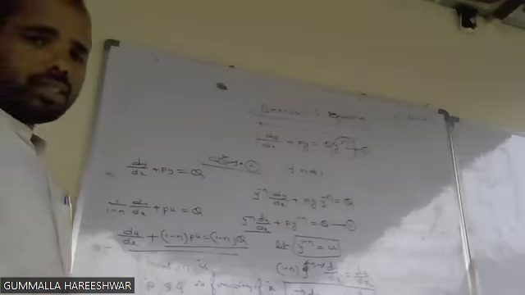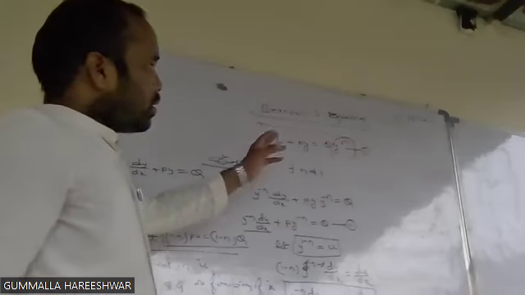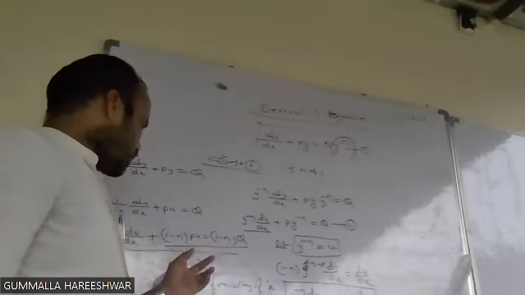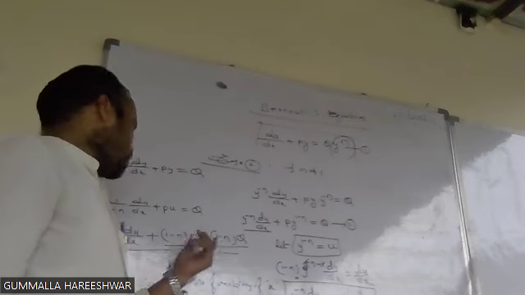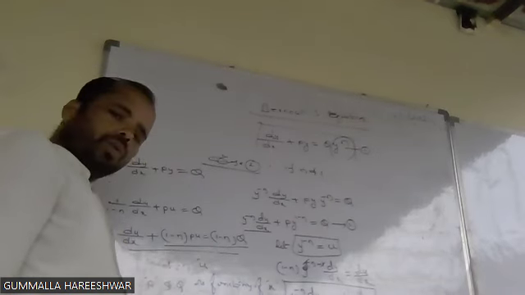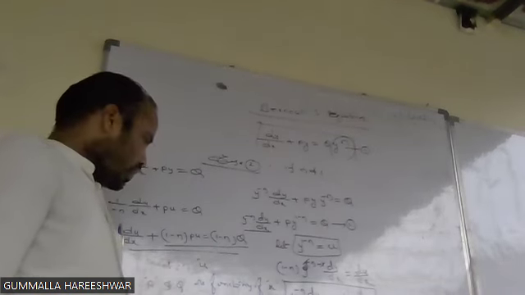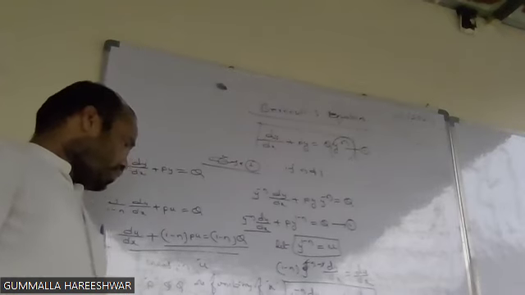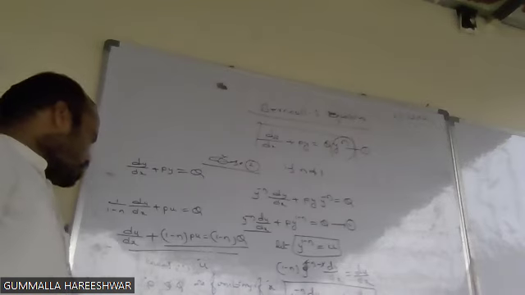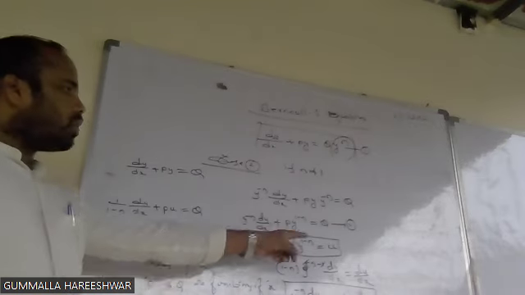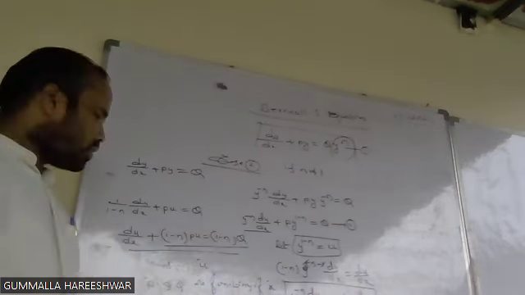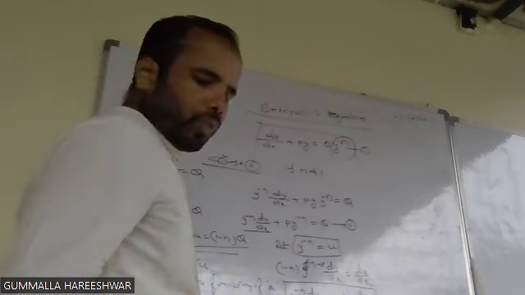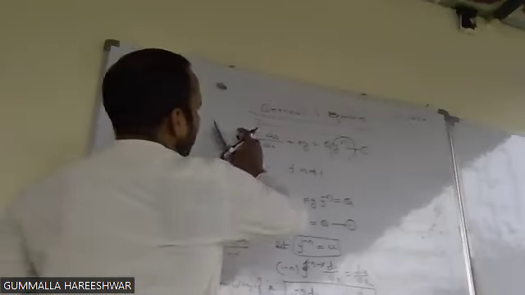This is the way to convert the Bernoulli equation into the linear equation. After integration, substitute in place of u, y power 1 minus n. This is the general solution of the given Bernoulli equation. Now, we will see one problem.